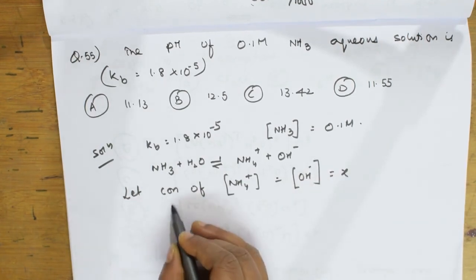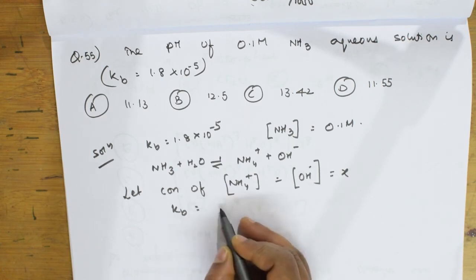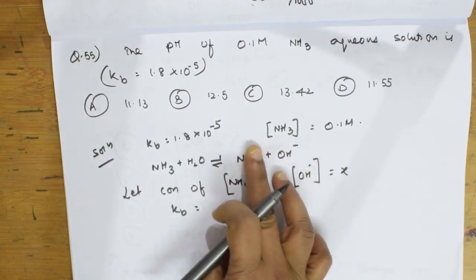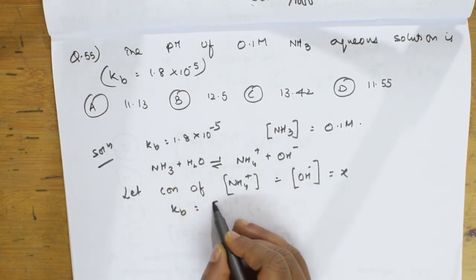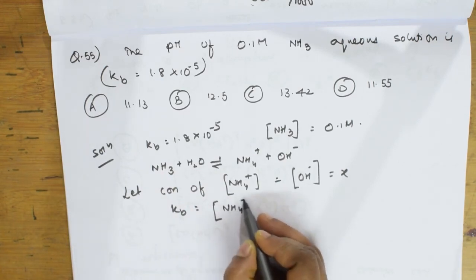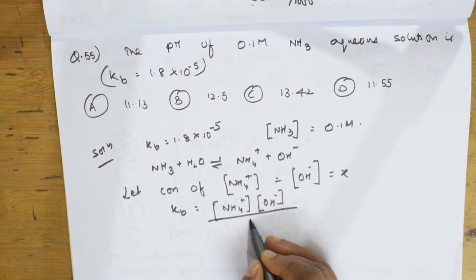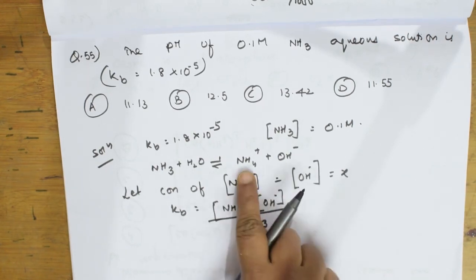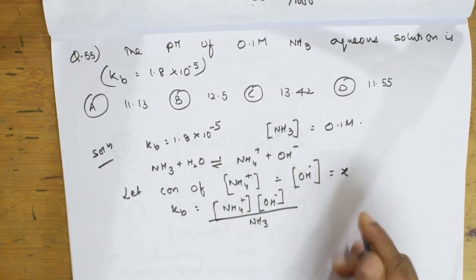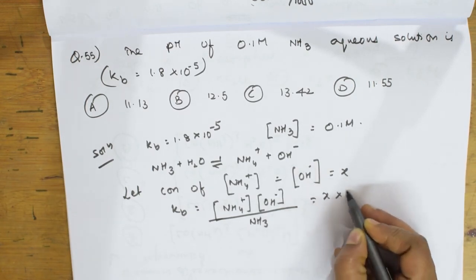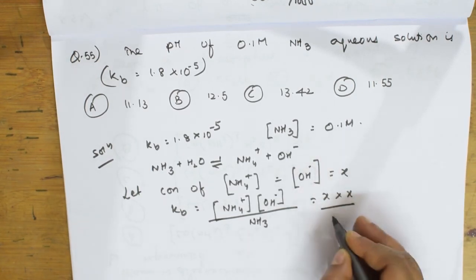Now, what is the Kb formula? Concentration of the products by the reactants. That is nothing but NH4 plus times OH minus divided by NH3. Now what do we take these two values equal to? X. So make it X into X. What is the concentration of ammonia? 0.1.